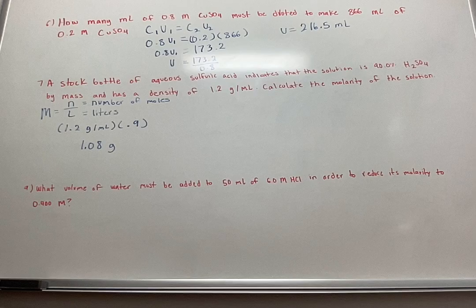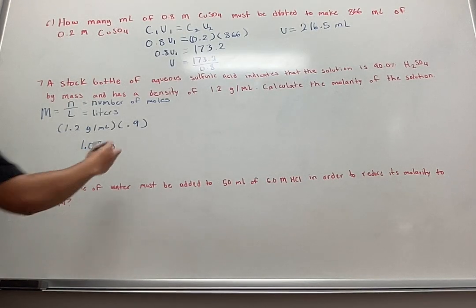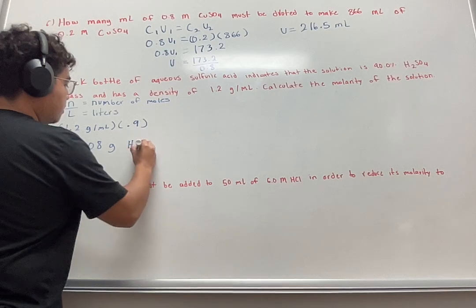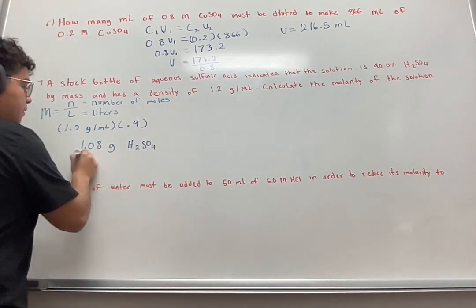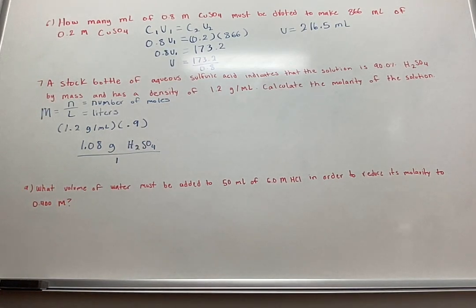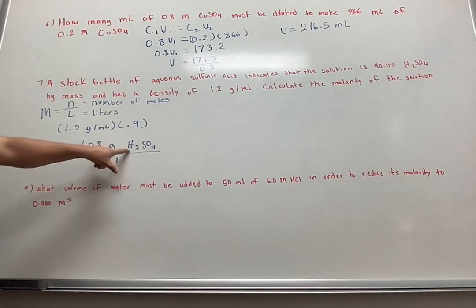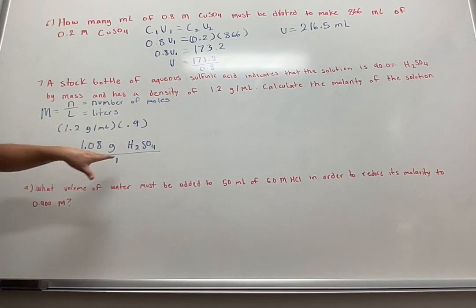So now we've got 1.08 grams of H2SO4. This is where I mentioned that little throwback: we have to go from grams of H2SO4 to the number of moles, so we can calculate the molarity. That's why we want that.